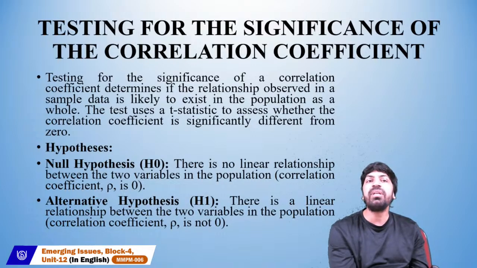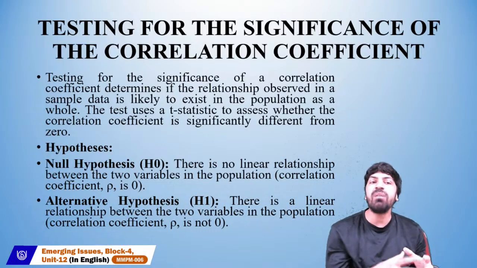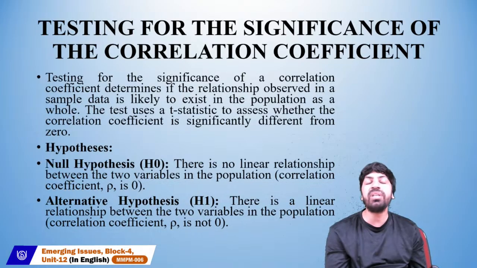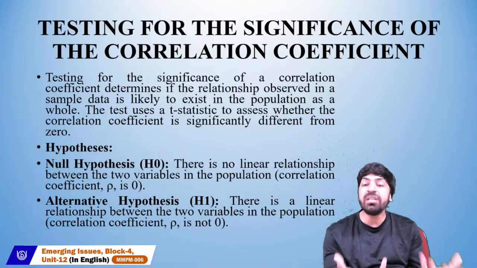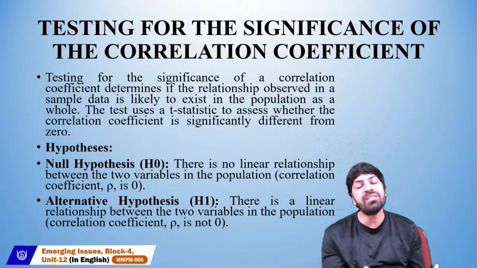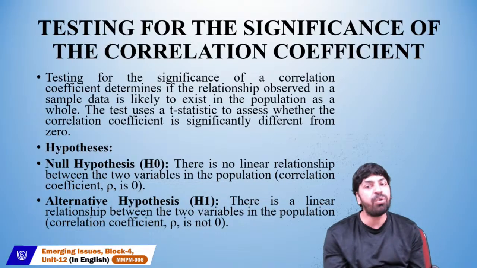Now we can come up to the testing for the significance of the correlation coefficient. When we talk about testing the significance of correlation, it determines what sort of relationship exists between the two variables, based on the sample data of the population as a whole.